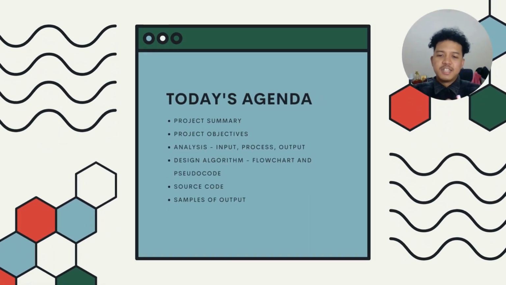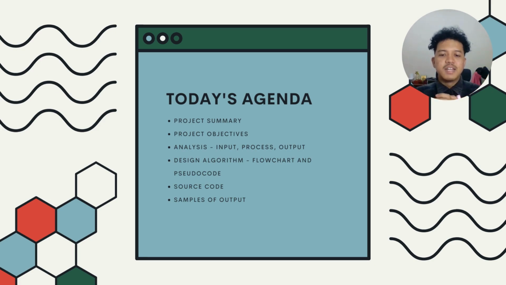So, in today's agenda, we will cover 6 elements, which are the project summary, where we will give you the brief and general idea of what our presentation and our program is about. Secondly, the project objectives, which is to give you the insight of what we are trying to achieve or solve.